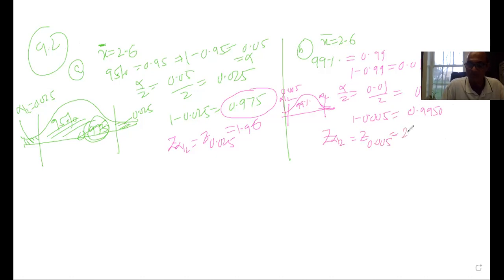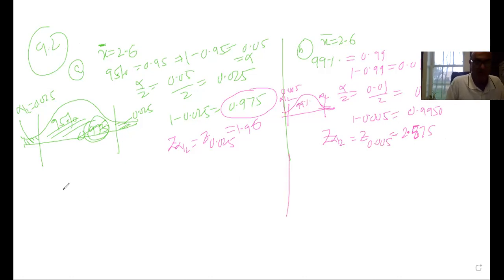So Z alpha by 2, that is equal to Z 0.005, corresponds to 2.575. So that's how you can find this z-score. And now let me plug this value in my formula.